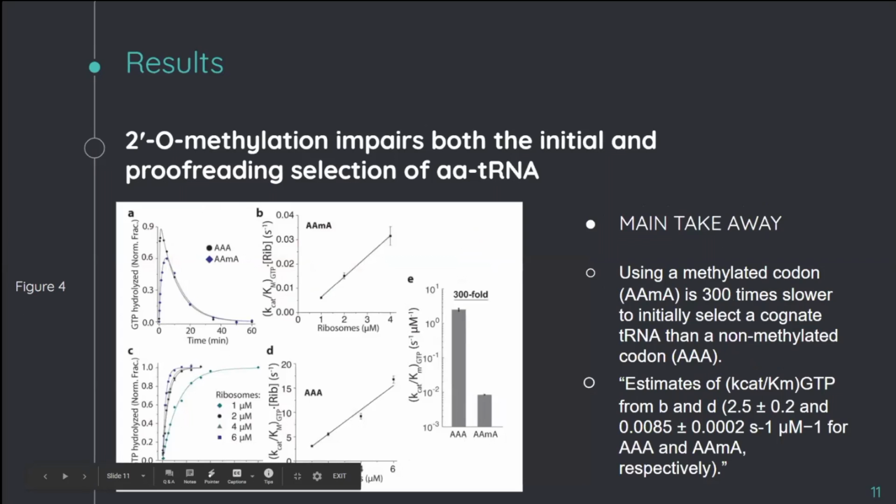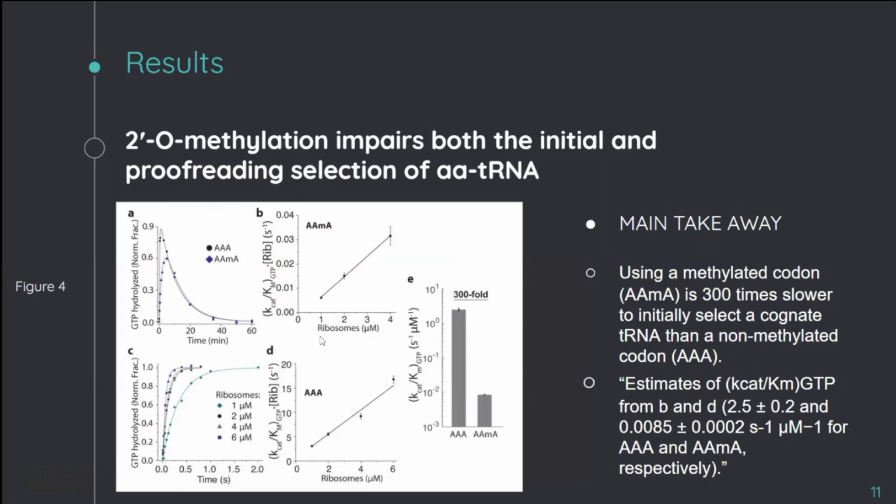Okay, so figure 4, they wanted to test the kinetics of the initial selection of aminoacyl tRNA. And so when aminoacyl tRNA binds to the A site, a GTP hydrolysis event with EF-Tu occurs, and that can be tracked with a quench flow technique shown here in figure 4A.